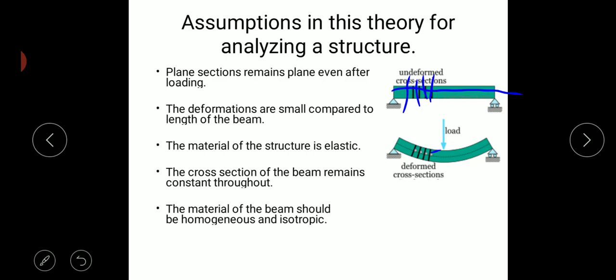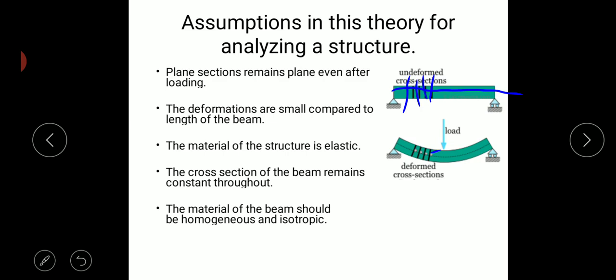The next important assumption is that the material of the beam is homogeneous and isotropic. The material of the beam will always have uniform homogeneity and isotropy. Why? Because, as I said in the earlier explanation of the classical beam theory, we have stated that d square y by dx square is equal to M by EI, where E remains constant throughout the section of the structure.